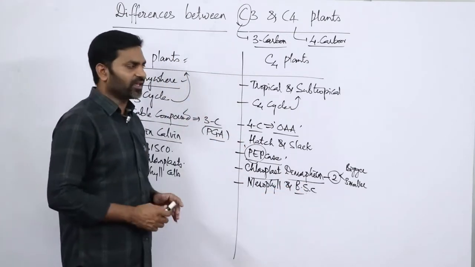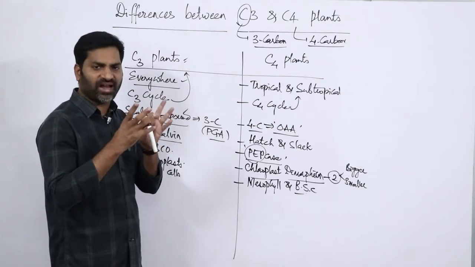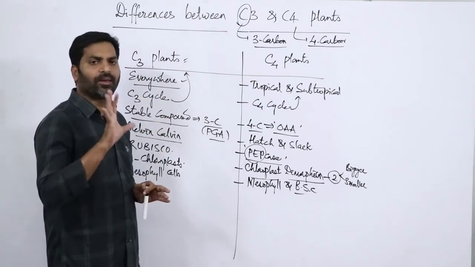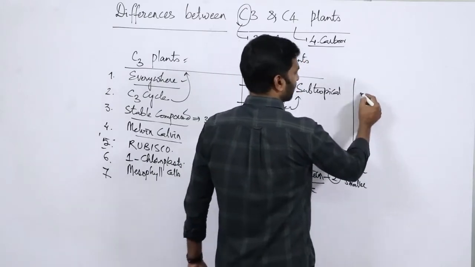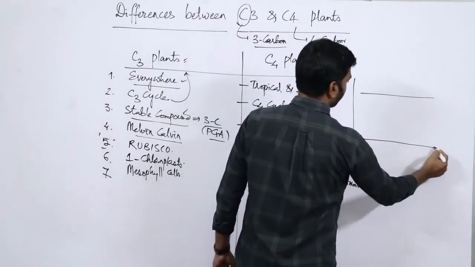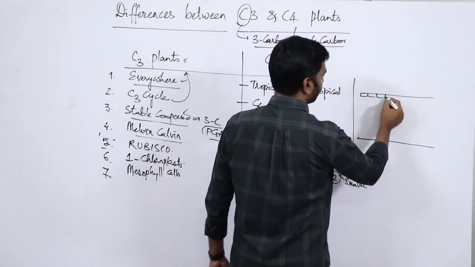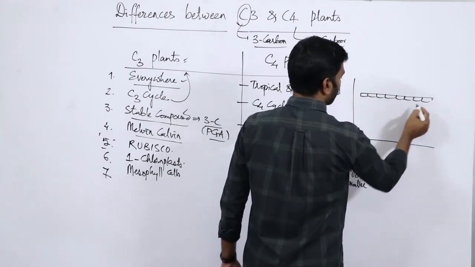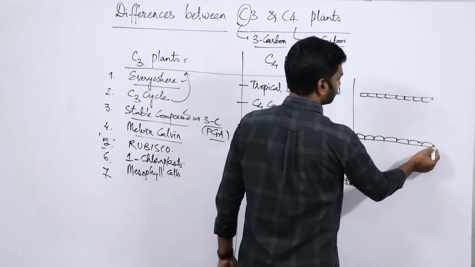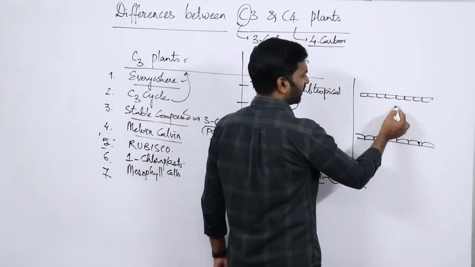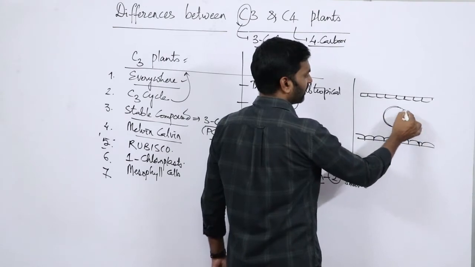I have already given you the complete structure and diagrammatic representation of bundle sheath cells. For example, I want to touch it once. This is the anatomy of a leaf with respect to C4 plants. This is the upper epidermis, then this is the lower epidermis. Clear? So there is a vascular bundle.